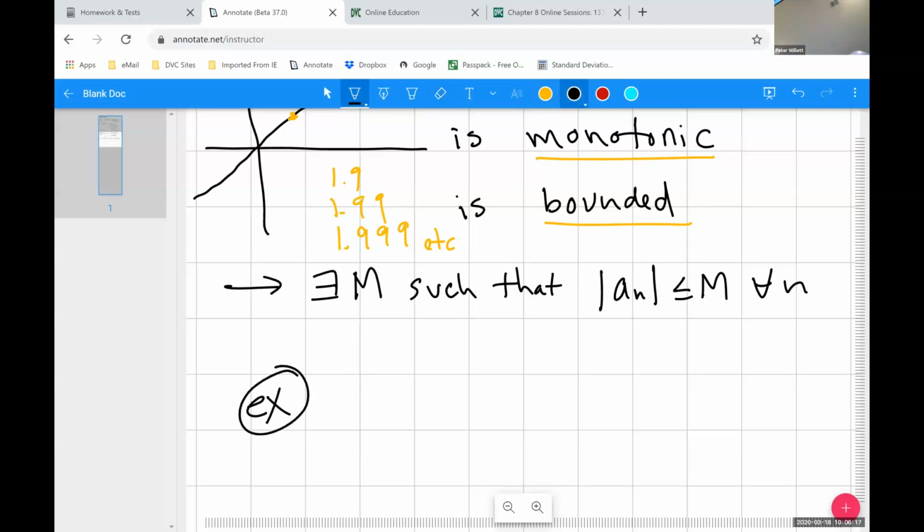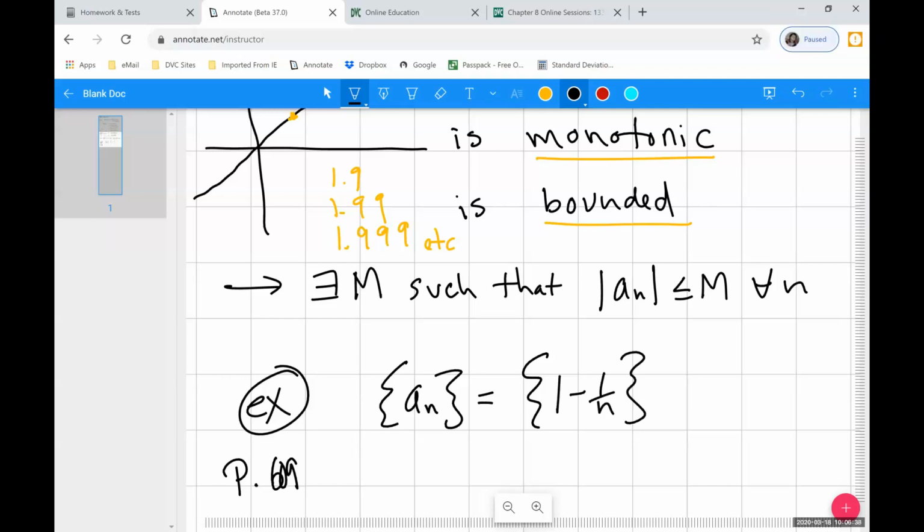They have an example on page 609, in which they say, consider you have a sub n equal to the sequence of 1 minus 1 over n, which is infinite, so that starts when n is a 1 and heads off toward infinity.